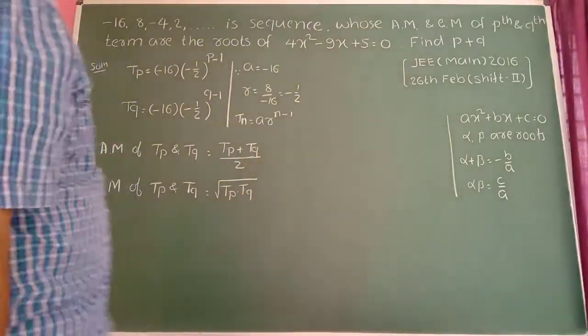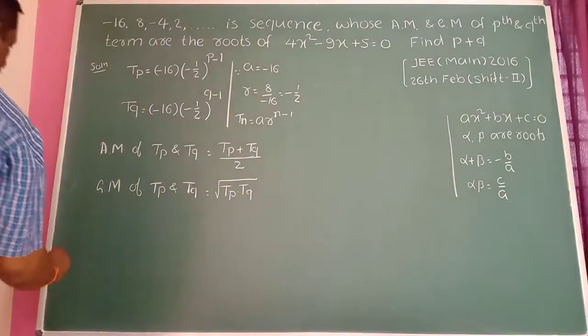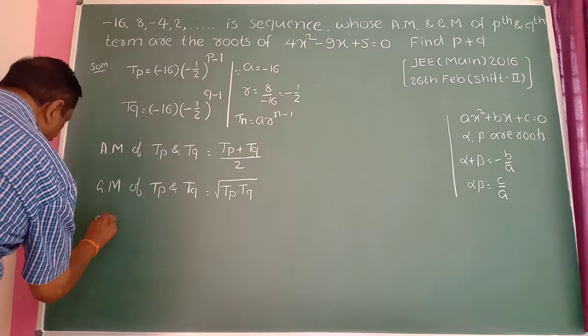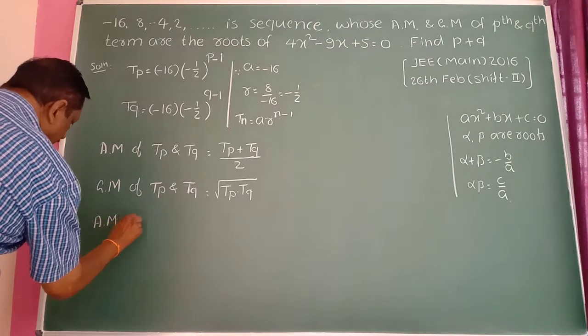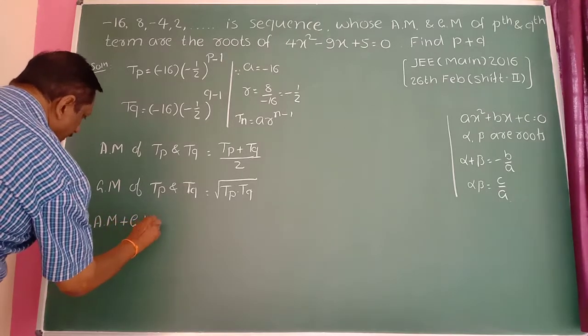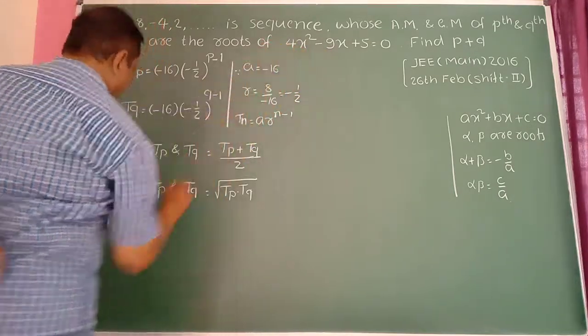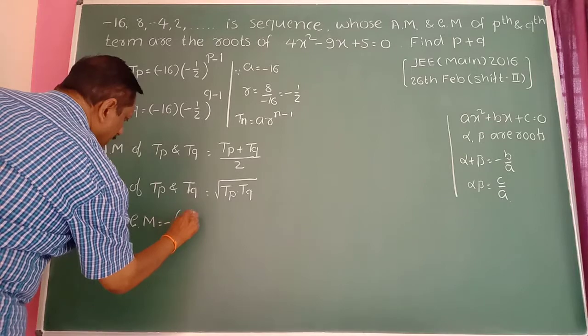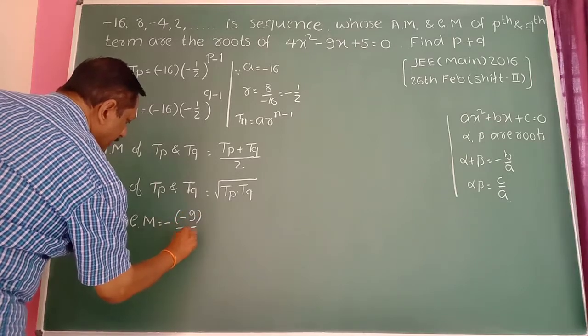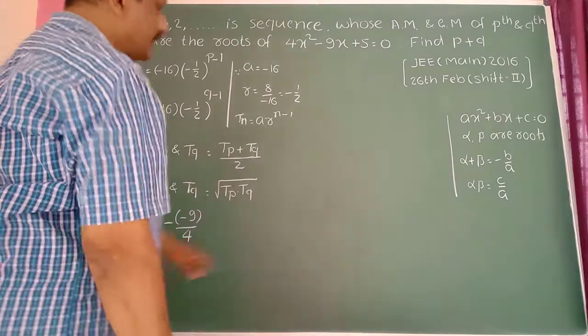We are using this result here. Therefore, arithmetic mean plus geometric mean is equal to minus of minus 9 by 4 here.